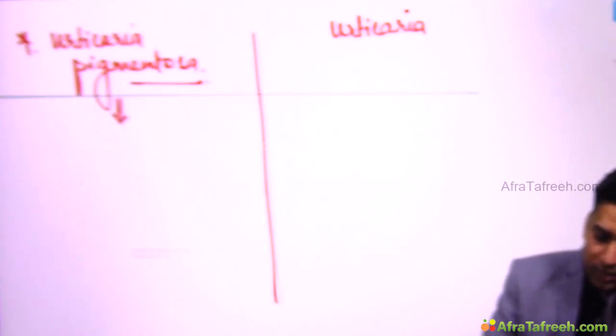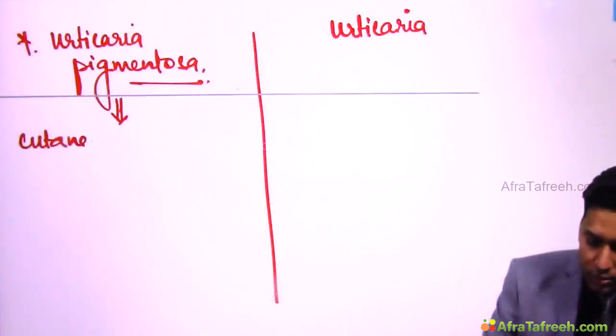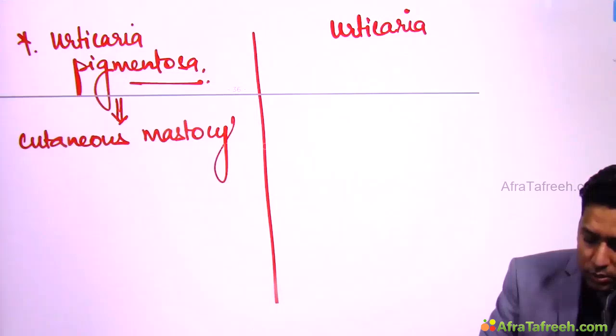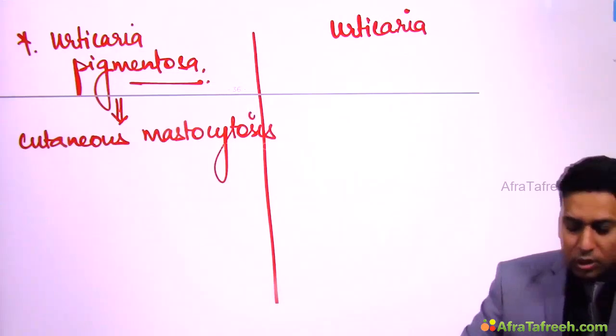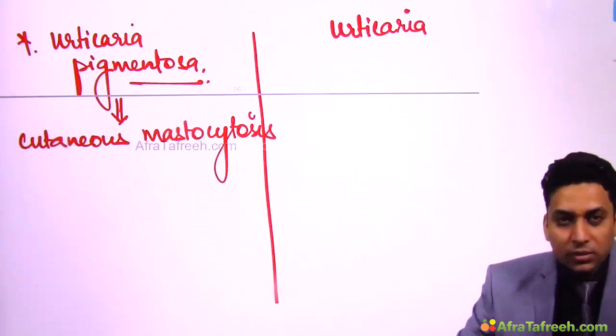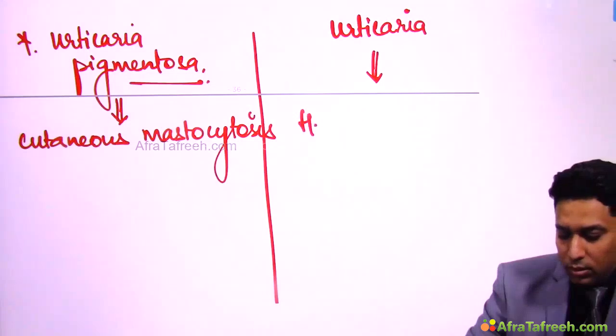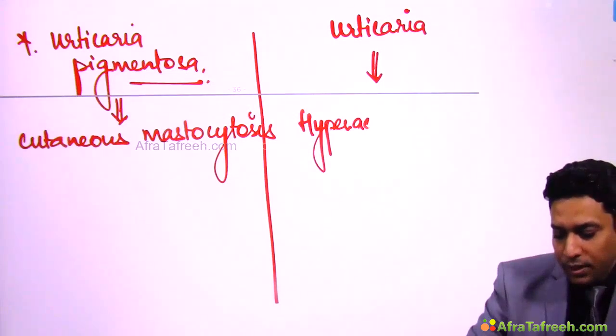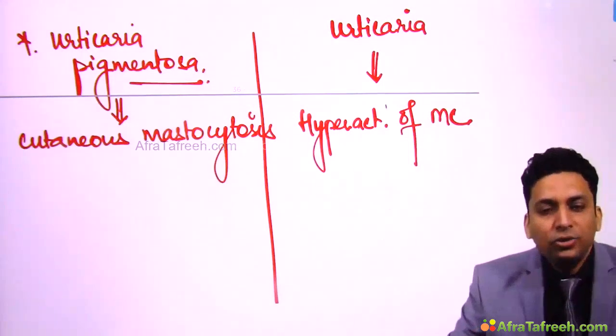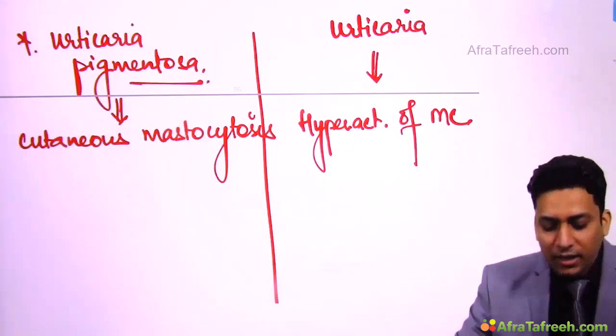Urticaria pigmentosa is a type of cutaneous mastocytosis, while urticaria is due to hyperactivity of mast cells. So urticaria is due to hyperactivity of the mast cells, while urticaria pigmentosa is a type of cutaneous mastocytosis.